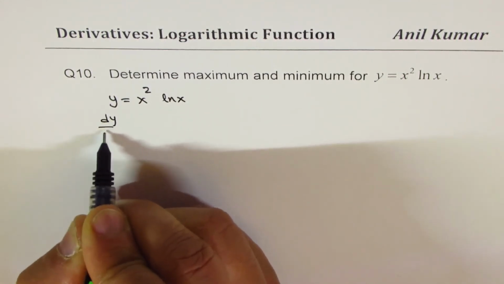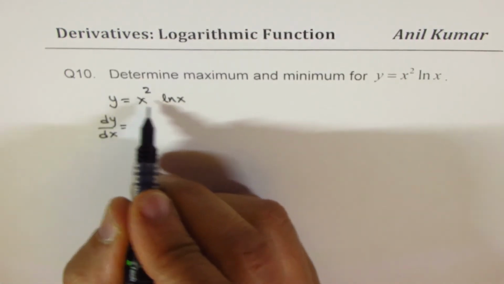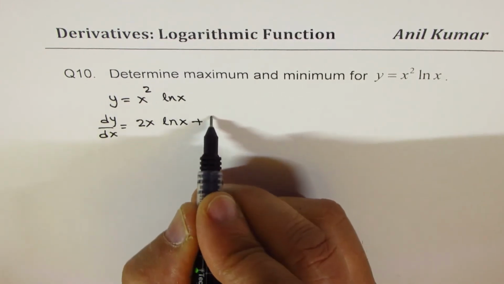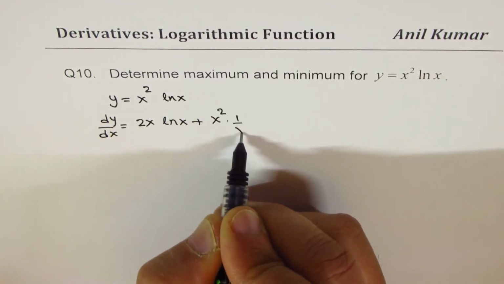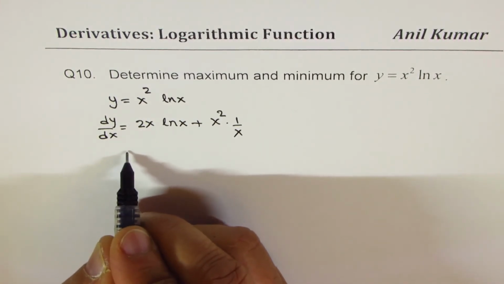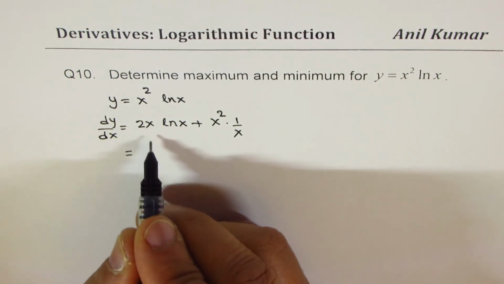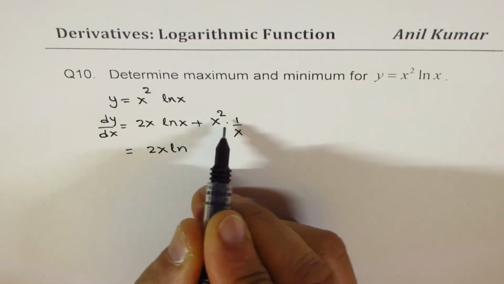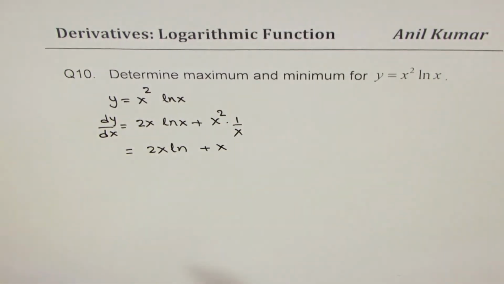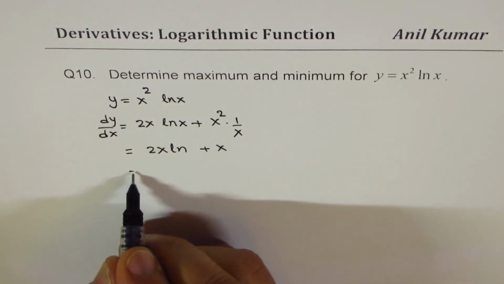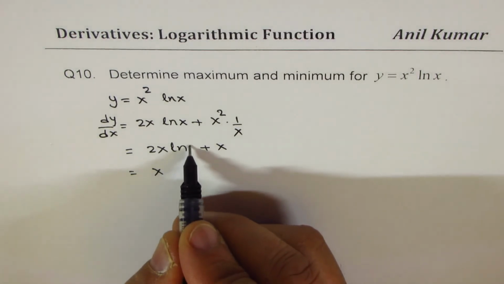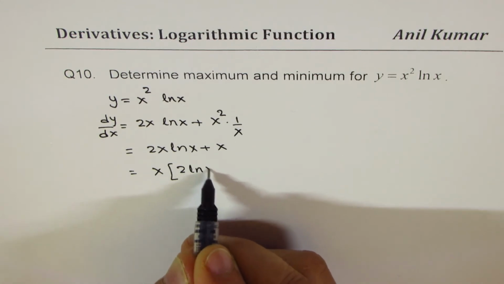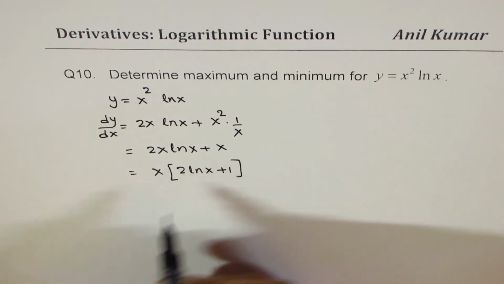So dy/dx is, by the product rule, 2x ln x plus x squared times 1 over x. So we get dy/dx, or the first derivative, as 2x ln x plus x, correct? You can take x common. So if you take x common, then what you get here is x times (2 ln x plus 1).